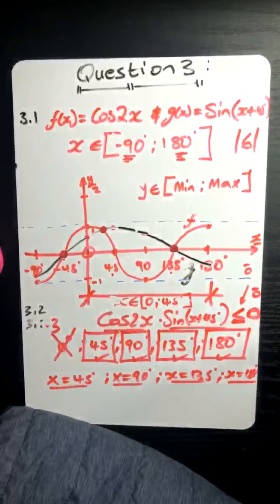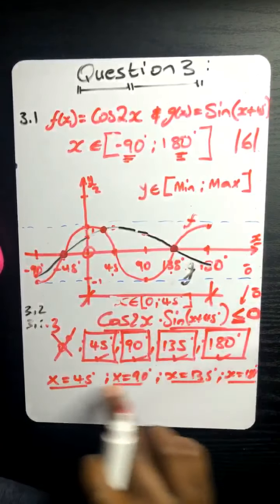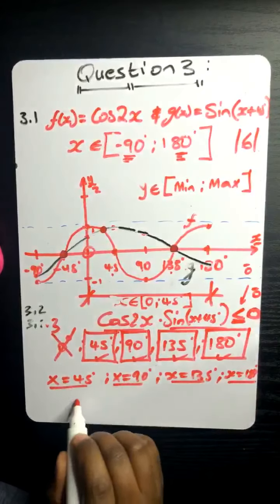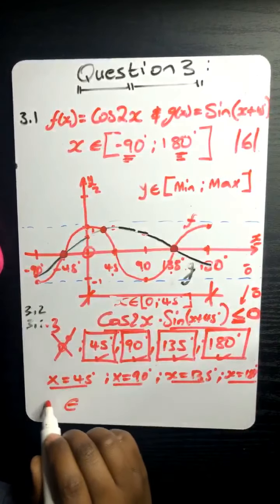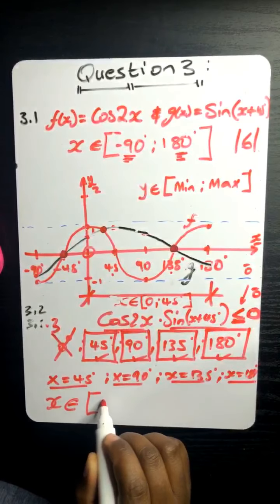So someone can still summarize all of this and say that's where maybe x is an element of... what is it?